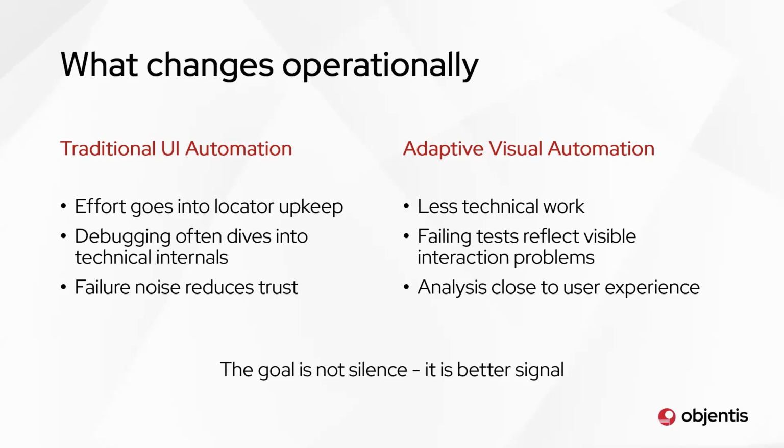And the overall goal of this adaptive automation, like in all tests, is not to have a green pipeline all the time. The goal is to have alerts where it really matters.